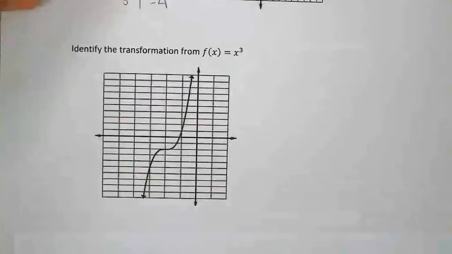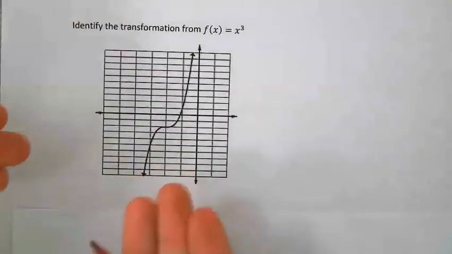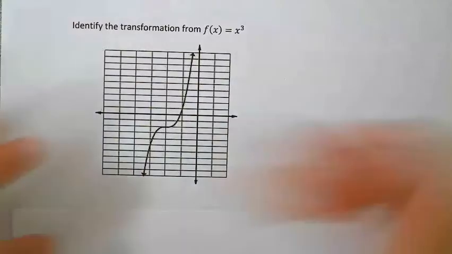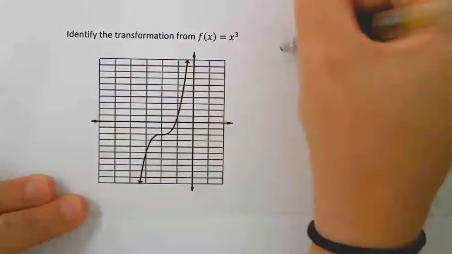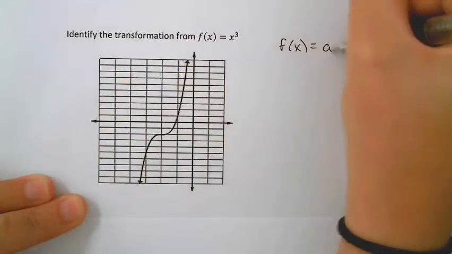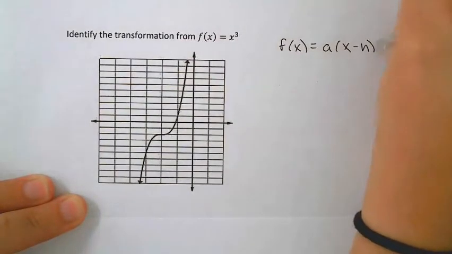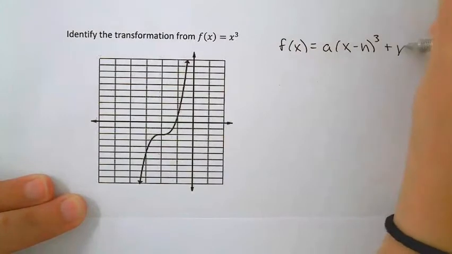Next, we are going to talk about being given a graph and then writing it. And we are going to be writing it in the form f of x is equal to a times x minus h cubed plus k.